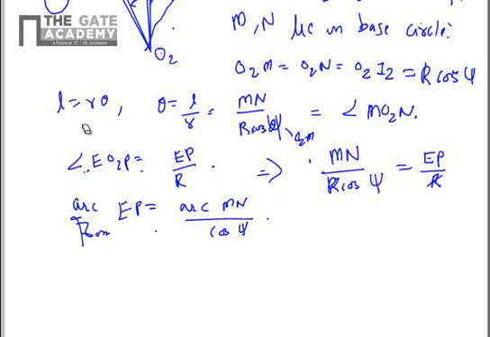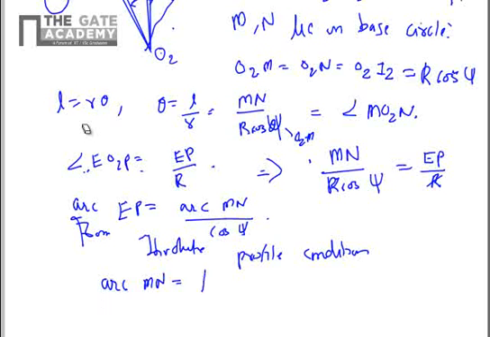So from the involute profile condition, MN is equal to line AP. So line AP, we know that is the first half of the path of contact.